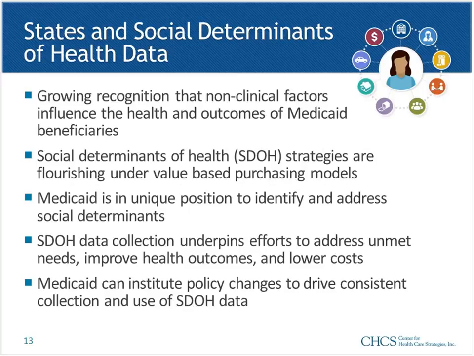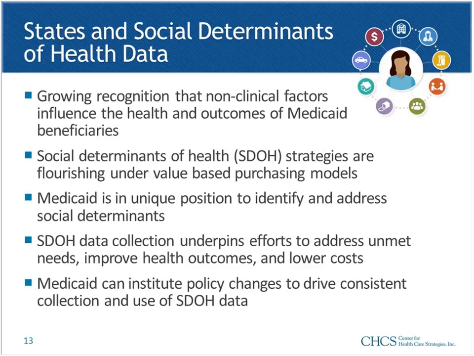But to Pam's point, there's growing appreciation that non-clinical factors have a significant impact on health outcomes and health spending among Medicaid beneficiaries. And as reimbursement moves from volume to value-based and total cost of care models, states, health plans, and providers who are increasingly being held accountable for patient outcomes are developing strategies and programs to address social determinants of health.